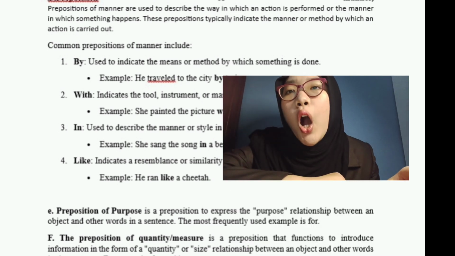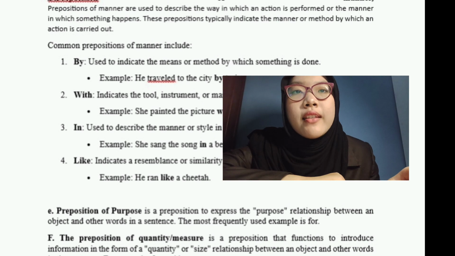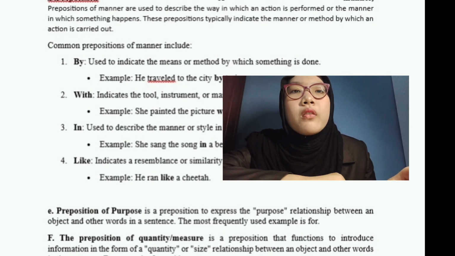And the preposition of purpose expresses the purpose relation between objects and words in a sentence. The most frequently used example is for.